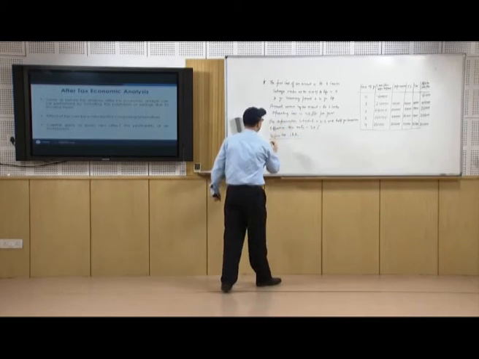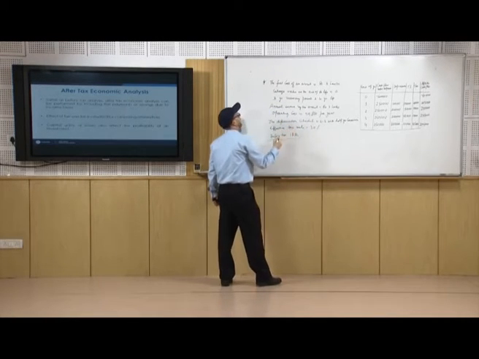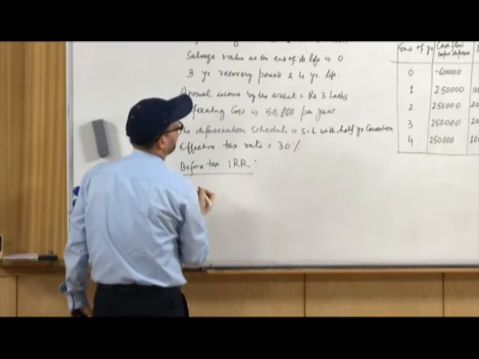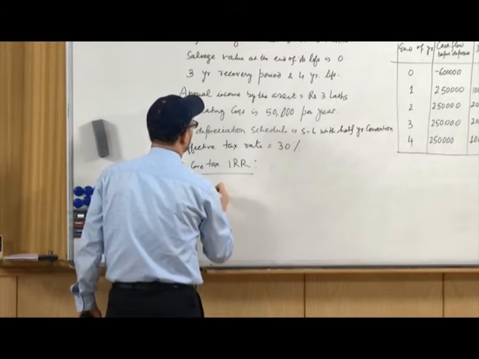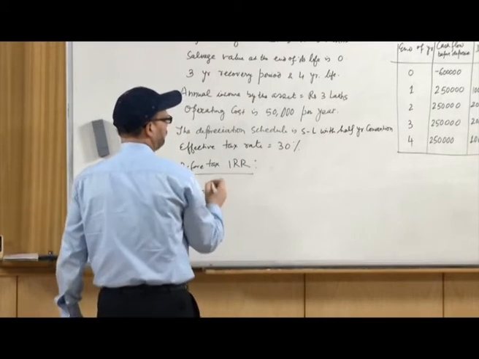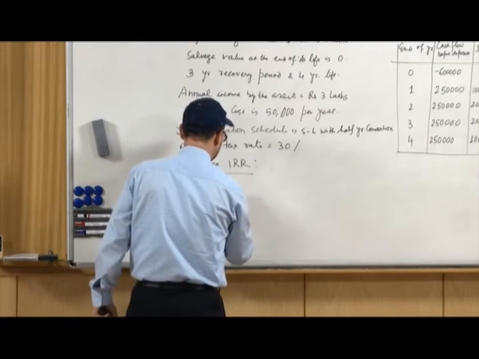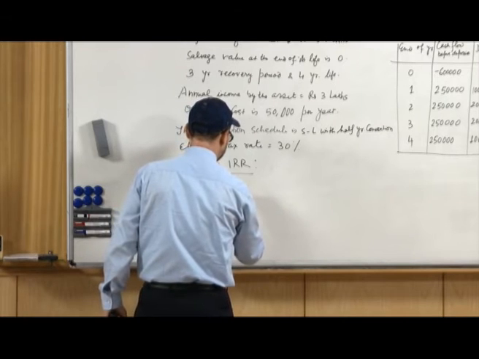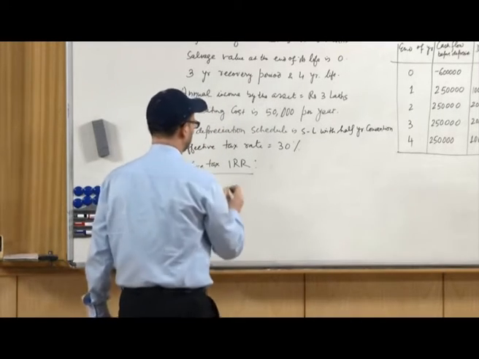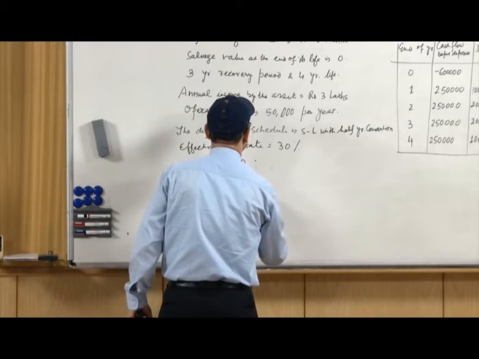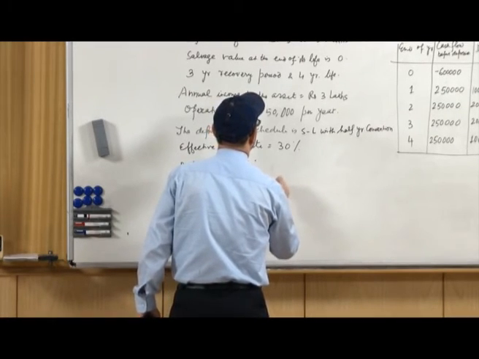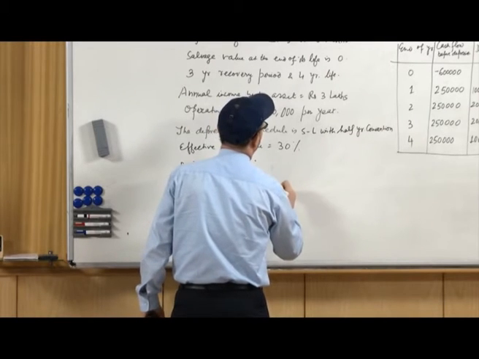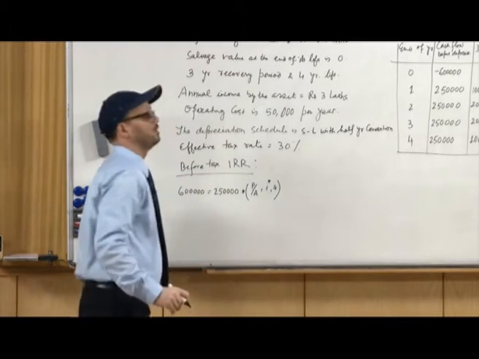So, for before tax the IRR can be computed as 6 lakh equal to 2,50,000 multiplied by P/A, i*, 4.